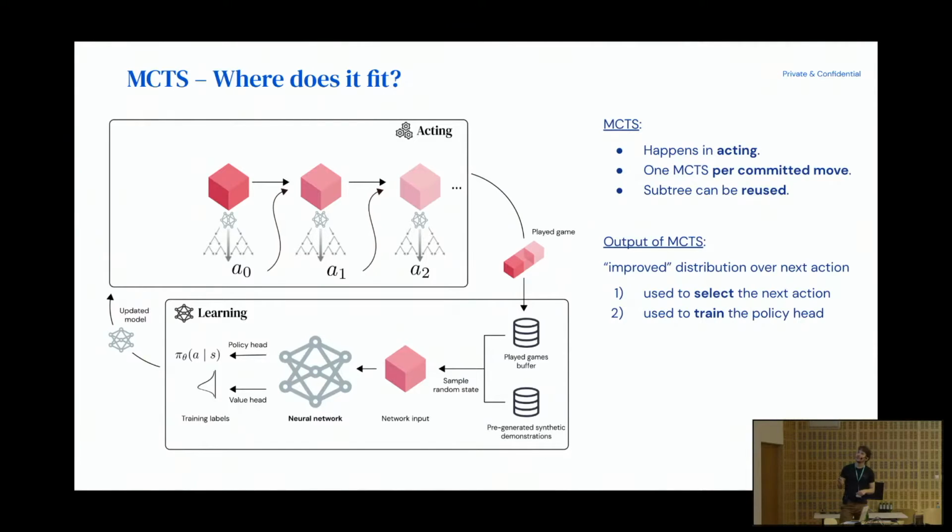So in this state, when we are deciding which action to take, we had this visit count distribution, so we'll train the policy head to mimic that visit count distribution. And for the value head, we will train the value head to predict the actual future sum of rewards from this state. So this game finished in some way, so from this state we can count or sum up the future rewards, and that will be the training target for the value head when we train the neural network on that particular game.